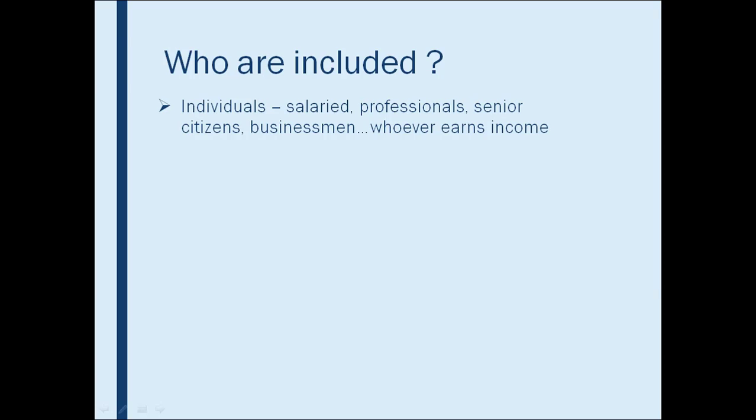For example, even a child artist who earns income from advertisements or acting, his income is also included in the income tax act. And nowhere does the income tax act say that you have to be a minimum of 18 years to be eligible. So as long as you are earning an income, they are going to include all the income in the income tax purview.